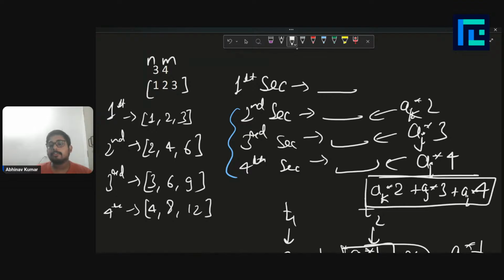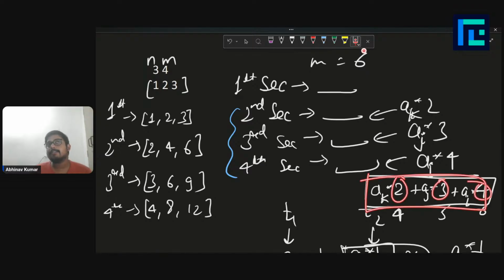You can see that it is just the array values multiplied by the coefficients in increasing order over the last n values of m. So if m is 4, it would be 4, 3, 2. If m was 6, it would have been 6, 5, 4. These would be the coefficients here.